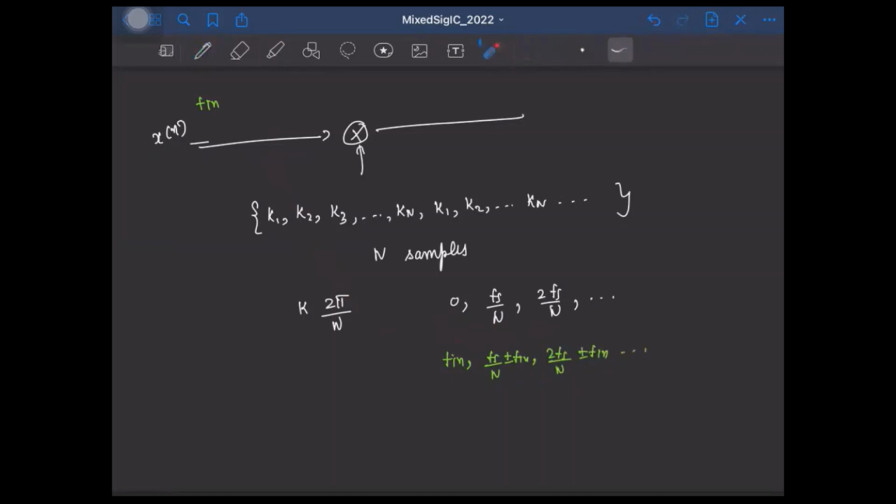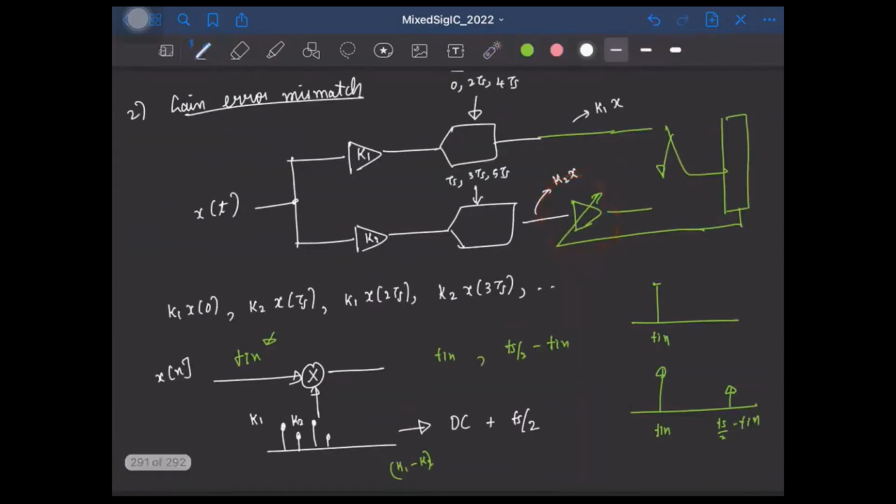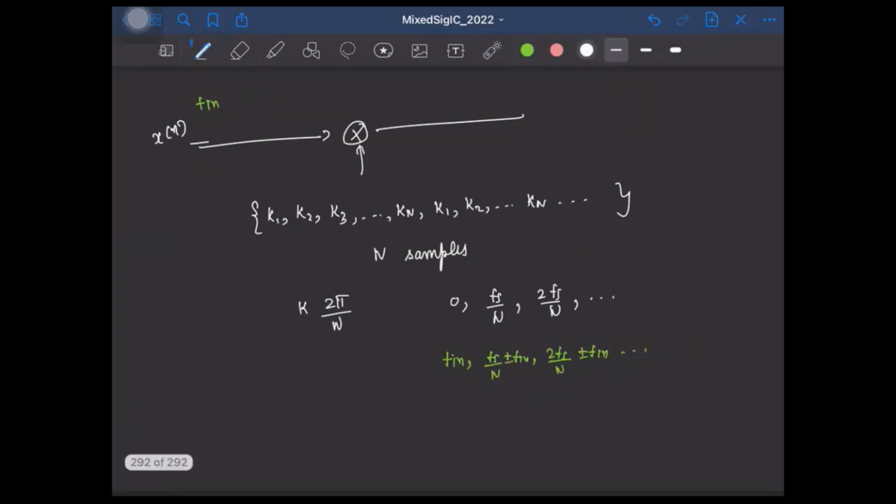Okay, so again, to correct for this, one way is to do this kind of digital calibration, right? So what you can have is, you have all the n channels. You can assume that the gain of the first channel is fine, and you tweak all the other n-1 gains.